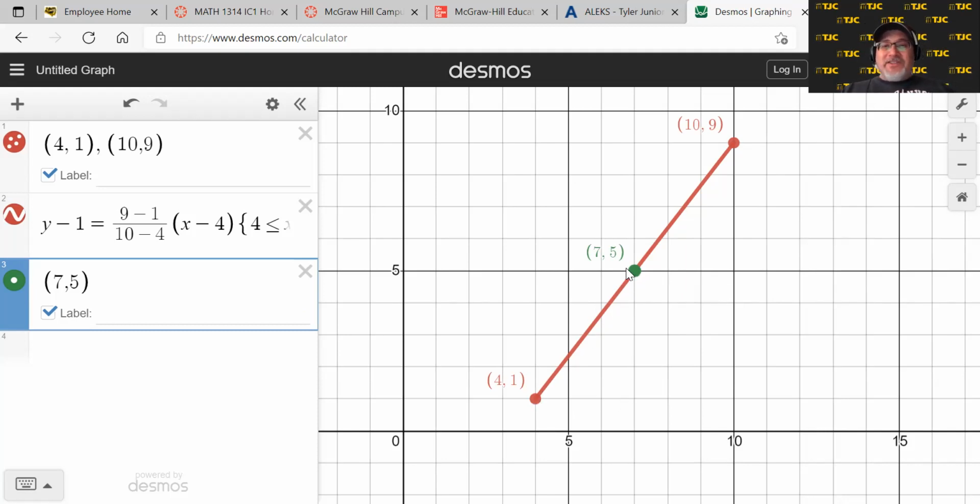Could we find the distance between the first point, (4, 1), and what we claim is the midpoint, (7, 5)? Yes. Would its distance be 5? Actually, it would be. And if we found the distance between the midpoint, or what we claim is the midpoint, (7, 5), and the other end of the segment, (10, 9), would that distance be 5? And the answer again would be yes.